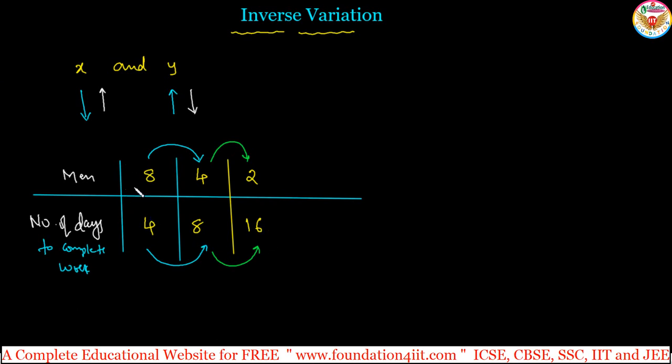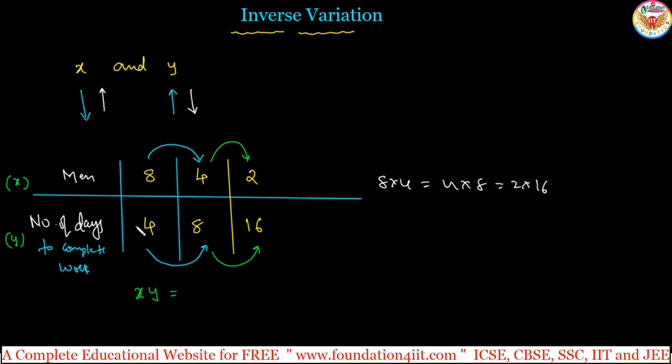And if you notice, let us say the first is quantity x and the second one is y. 8 into 4, 4 into 8, 2 into 16, you're getting the same number. 8 into 4 equals 4 into 8 equals 2 into 16.